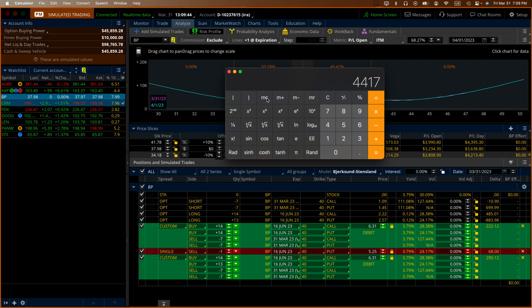I'm going to clear my memory and add it there. But because I sold this one put at $525, I'm going to subtract $525. That's my final for the new trade. This one adjusted here. But keep in mind that this is no longer a multiple of 7. Now it's a multiple of 1 because 13 is a prime number.